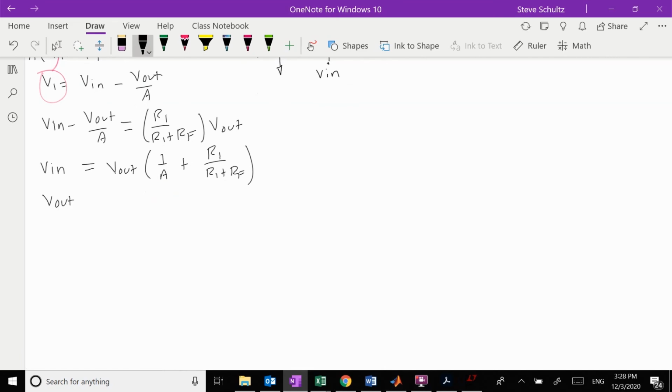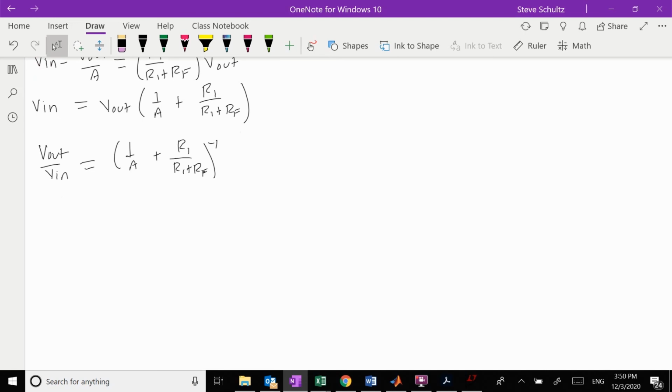So we want to get the gain. So V out over V in, we're going to call that the gain of my non-inverting stage, which is going to be equal to 1 over A plus R1 over R1 plus RF, inverse.